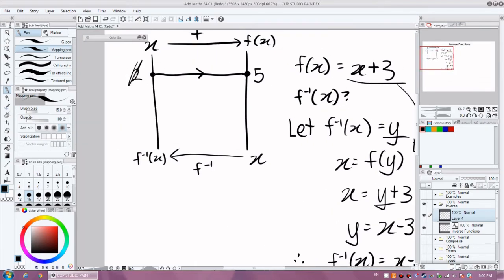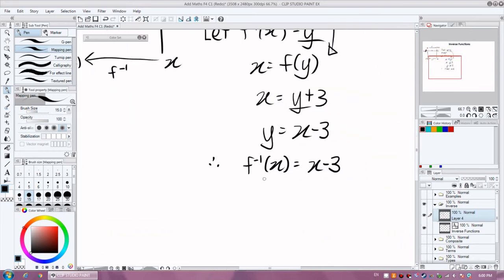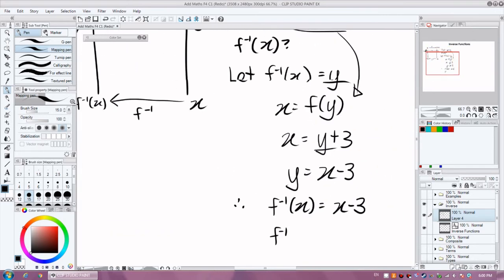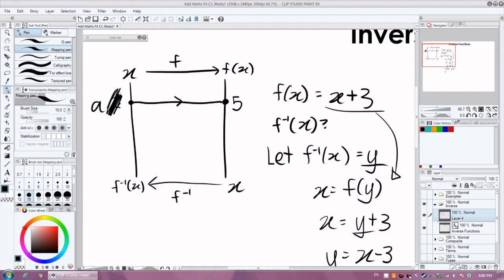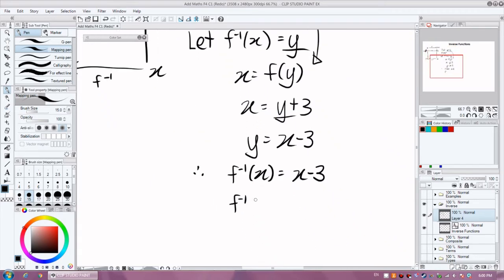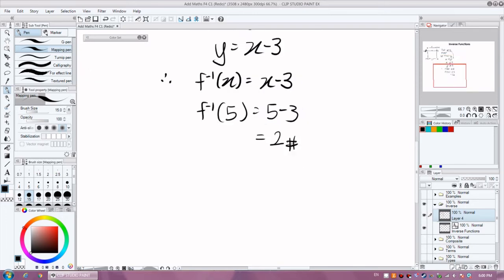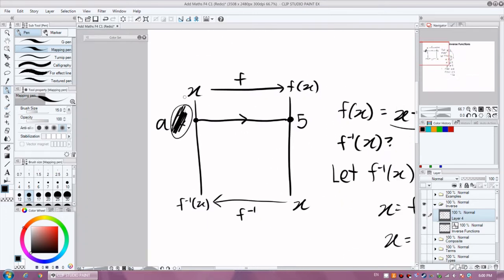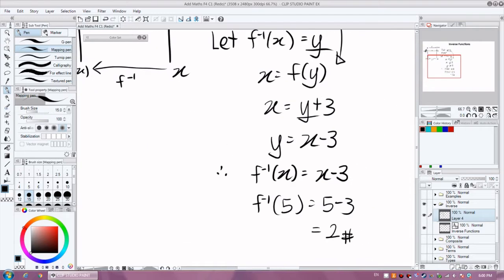And if the question didn't give a number and just gave a, I could find f negative 1 of a, because the right side becomes the object. So 5 becomes the object, which replaces x, giving 5 minus 3, which is 2, the number we actually had at the start, but I already erased that.